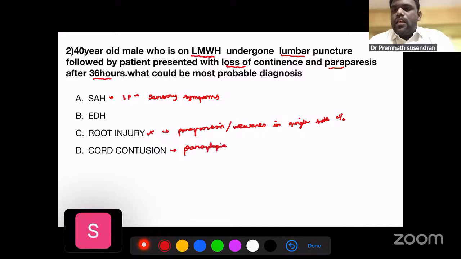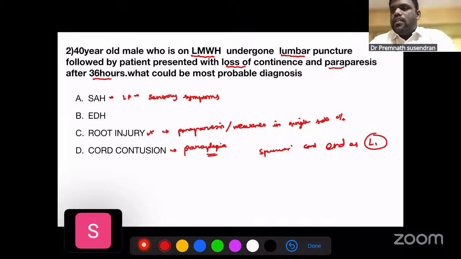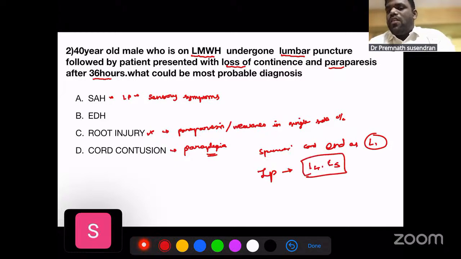We have to know that the spinal cord usually ends at the L1 level in the adult. For lumbar puncture, the needle is inserted at the level of L4, L5, so there is less possibility of cord contusion. So this is also not the correct answer.